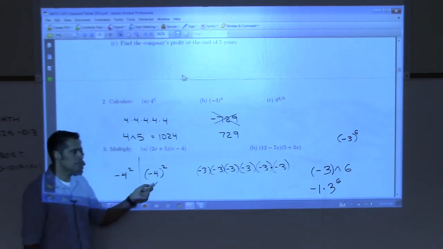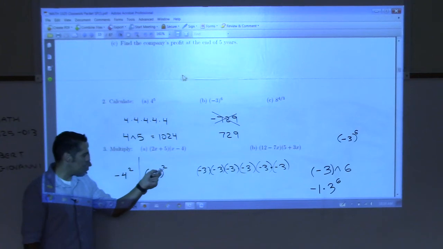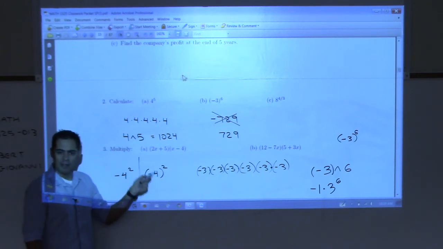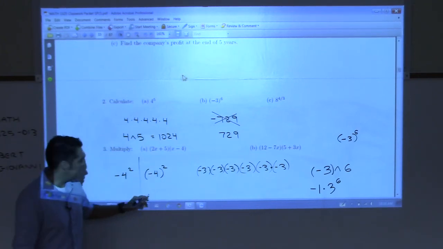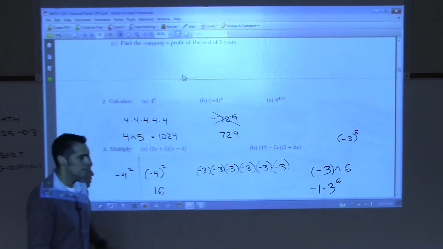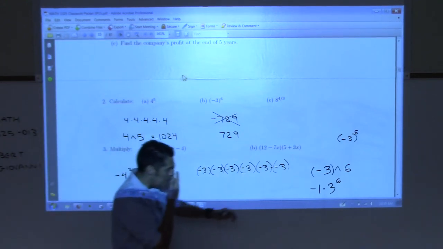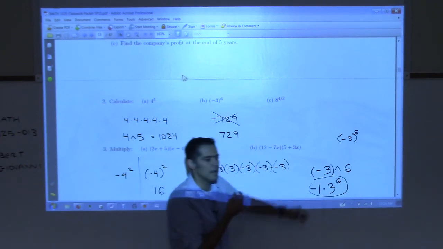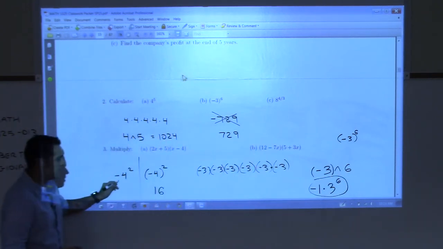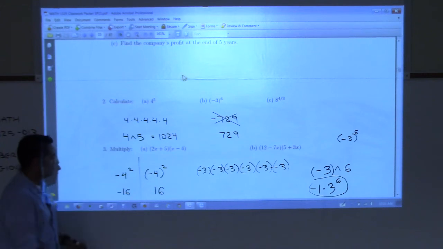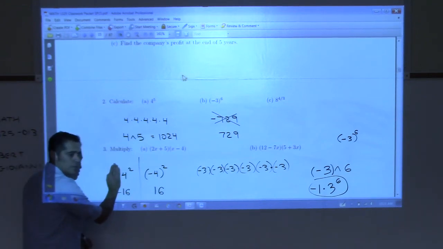This is -4 times -4, right? Because you're squaring the whole thing. This is -4 times -4, which is positive 16, right? This, without the parentheses, is exactly what I showed you here with what the calculator would do. This is actually -16 because you square the 4 first, which is 16, and then you make it negative.